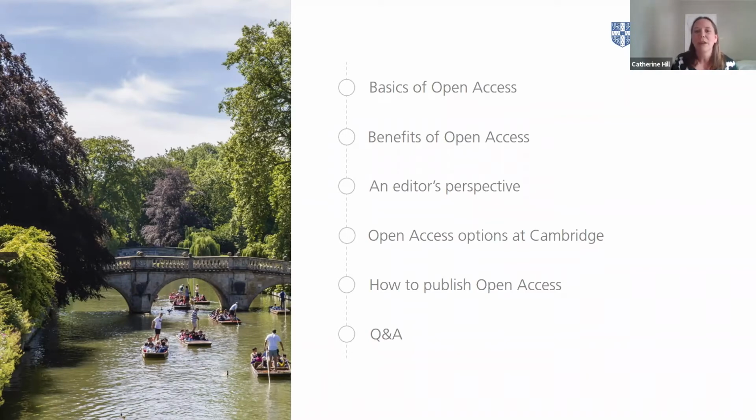Okay, interesting. So 57% of you have never published open access before. So hopefully after today, you'll know a little bit more about open access, the options of doing that, and what some of the benefits of publishing open access will be.